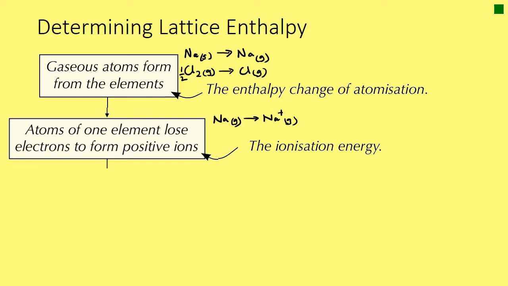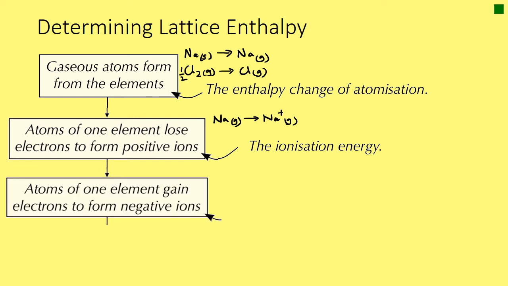But moving on to the third step. The third step is, in our case, for the chlorine, where we take the atoms and we let them gain their electrons to form the negative ions.